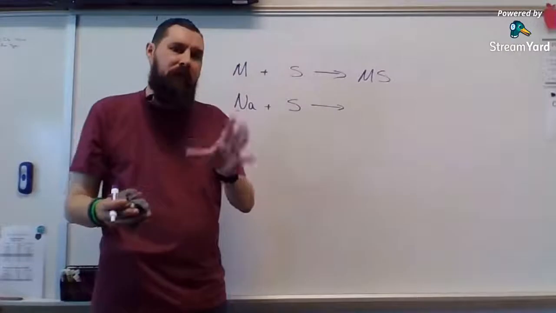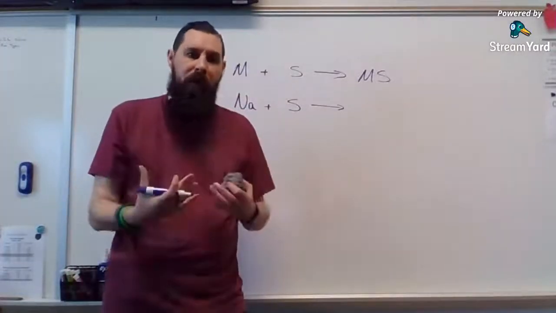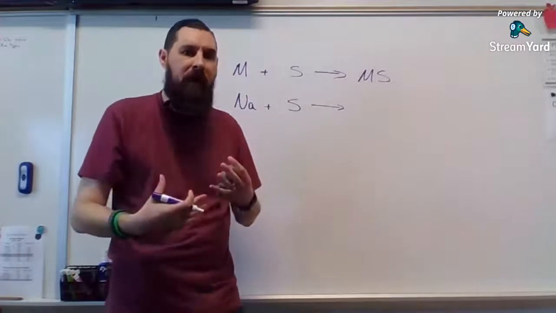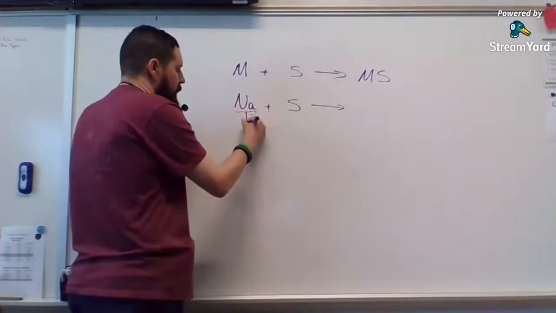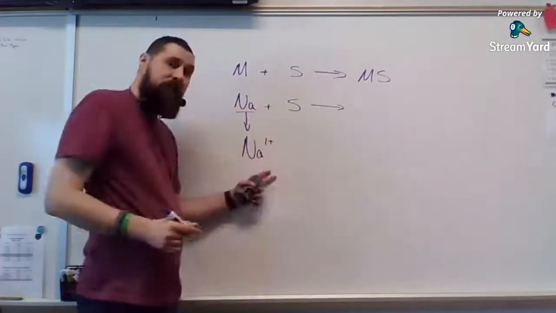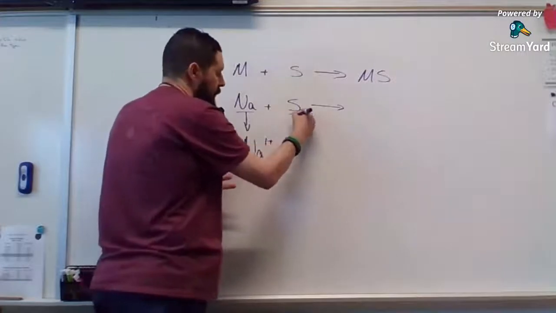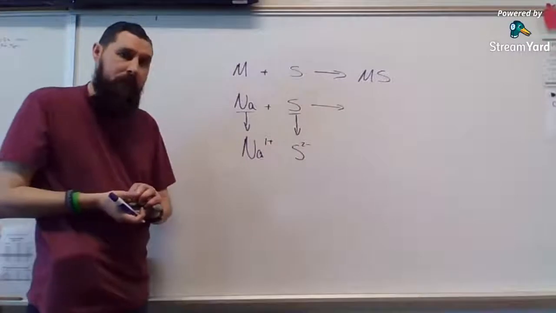So again, just like in the examples we were looking at with oxygen, we're going to think about what these components would have as charges within a compound. So sodium, when I look it up on the periodic table, I find it to be a 1 positive. When I look up sulfur on the periodic table, I find it to be a 2 negative.